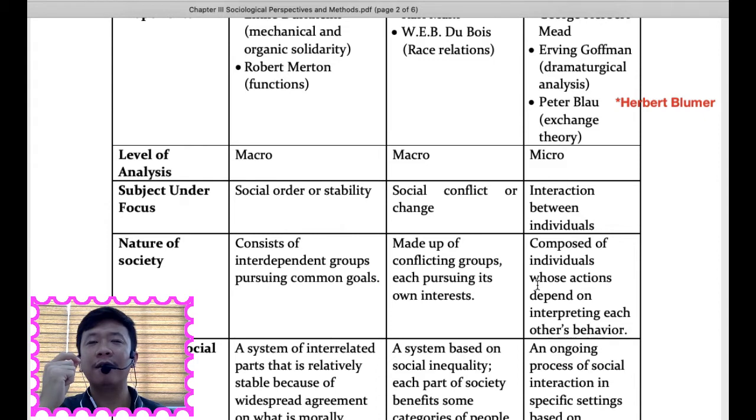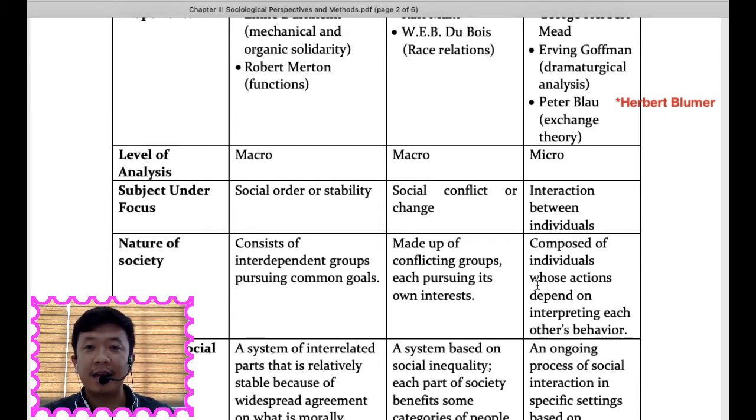Because if no one is going to point out what is wrong, if no one will criticize that something is not right or something is amiss, then no one will bother to change it. Correct? Kaya nga, ang pinaka-popular na quotation na ma-associate kay Marx palagi is sabi niya kasi sa kanyang thesis on Feuerbach, the fourth thesis on Feuerbach, ito yung parang isang article na ginawa ni Marx, no?